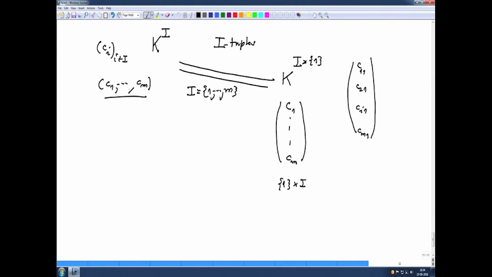So, this one is thought of as 1 cross I, thought of as C1i, i in I. So, this is a row.